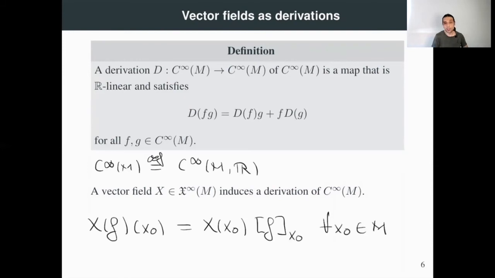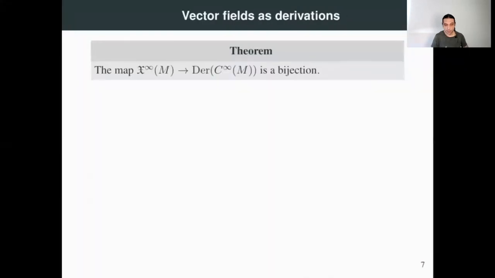In this way, we obtain a C-infinity function, and since this tangent vector induces a derivation, then we get that X itself induces a derivation. This is very easy to check. So every vector field is going to induce a derivation of the space of C-infinity functions.